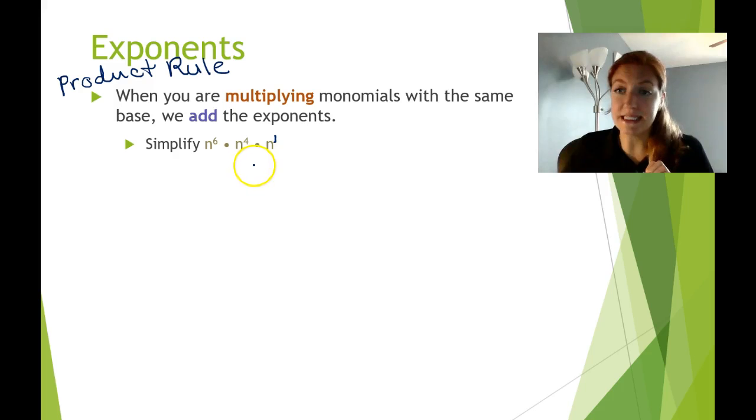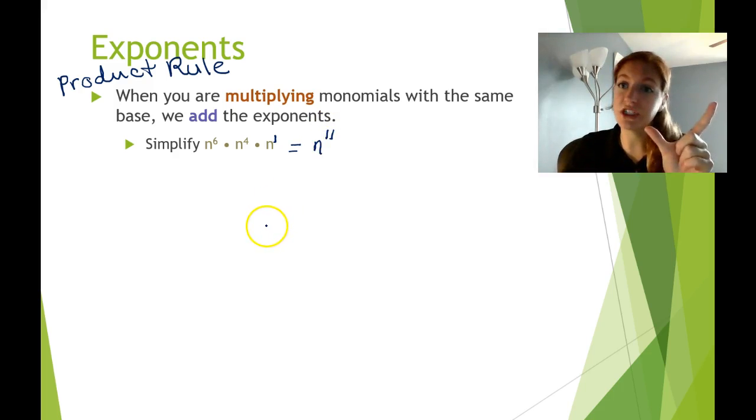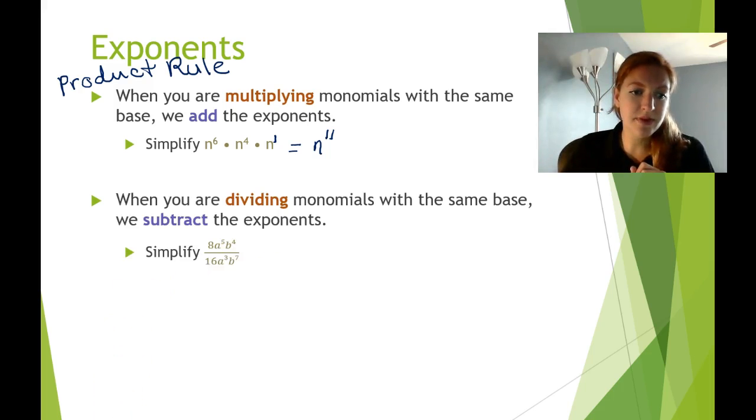The n's are the bases, and the exponents are 6, 4, and 1. The product rule says, if all the bases are the same, keep that common base and just add our exponents. So 6 plus 4 plus 1 simplifies down to n to the 11th. So we can just combine it all that way. That's your product rule.